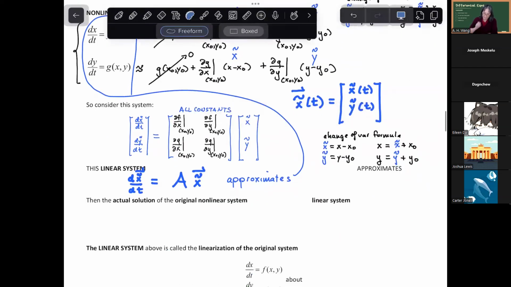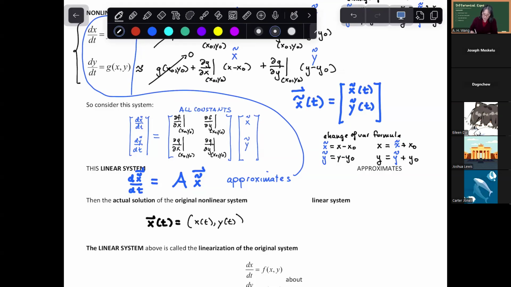Okay. And so what would happen is the actual solution is going to be this, right? It's going to be in black. And that's this, x of t, y of t.